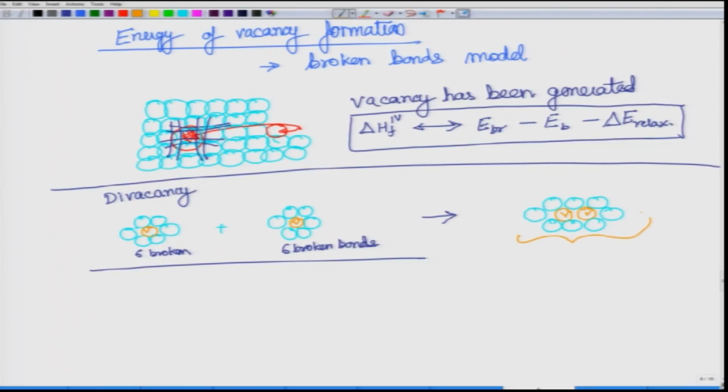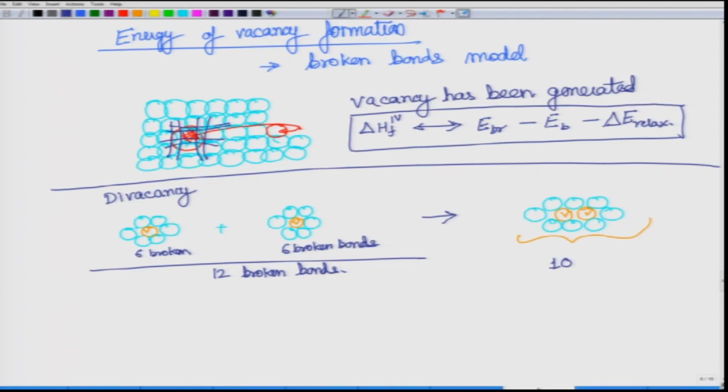So, here there are 6 broken bonds plus 6 broken bonds, which leads to 12 broken bonds. Over here we have how many? 1, 2, 3, 4, 5, 6, 7, 8. So, there are 8, plus there is a bond broken in between these two, which is 9 plus 1, 10.